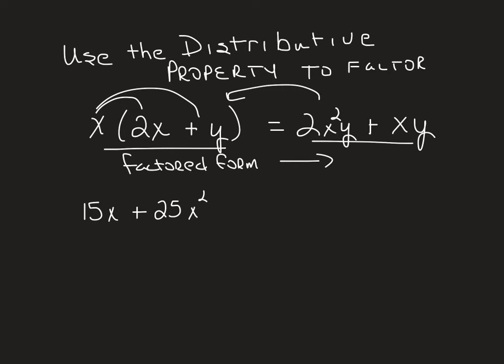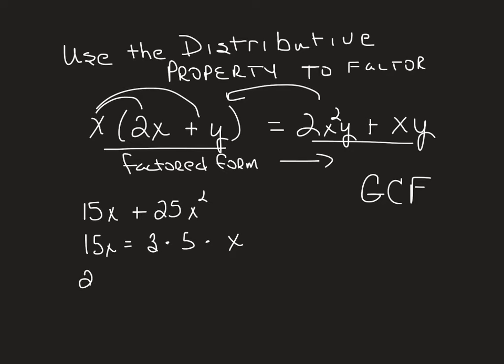Well, the first thing I need is the greatest common factor. And if you can't immediately see what the greatest common factor is, we can find the factors of each term. Okay, so if we look at 15x and I factor that, that's going to be 3 times 5 times x.